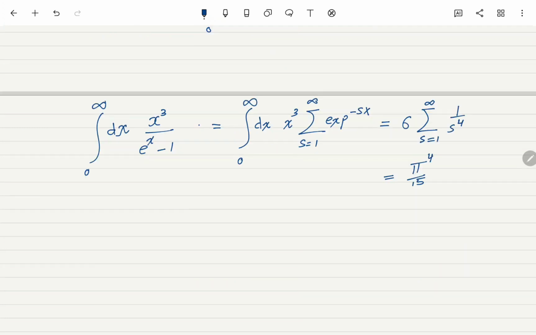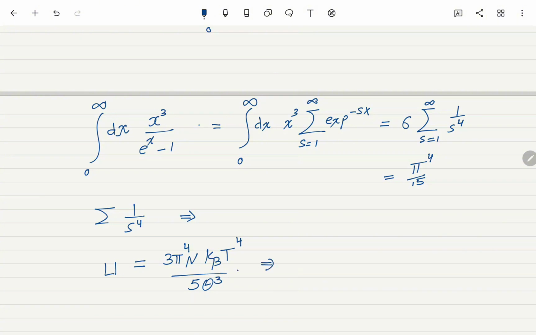Just to mention that the summation 1 over s to the power 4, we can find the value for this summation in standard tables. Therefore, u, after we find the integral here, will become equal to 3 pi to the power 4 N kB T to the power 4 over 5 theta cube.